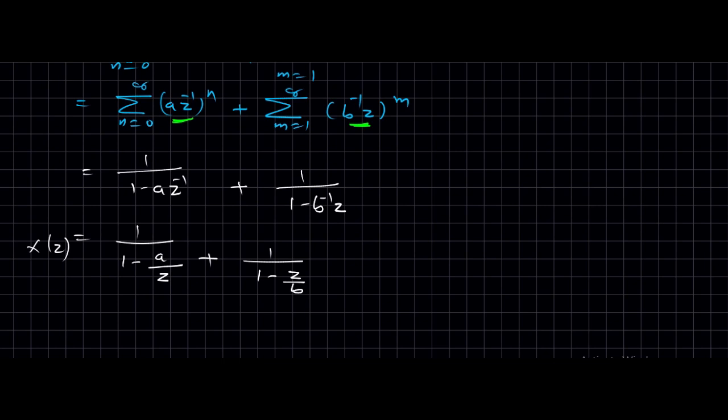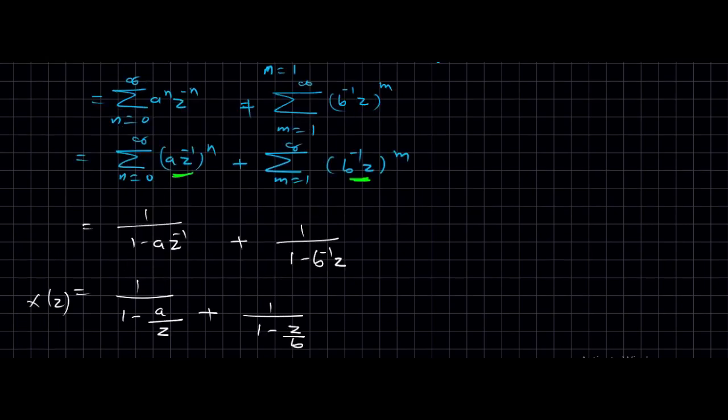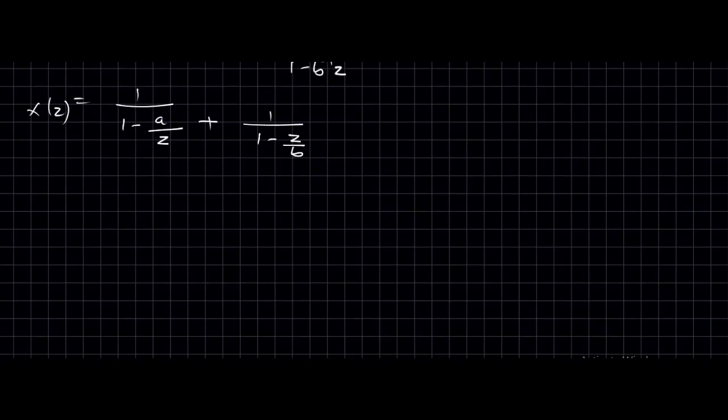Now we have to check for which values of z and a this term, x of z, will attain a finite value. The answer should not be infinite. We'll check it. Now see, if you substitute mod of z less than a, it will give you an infinite answer. So what is the set of values of z to get finite values?